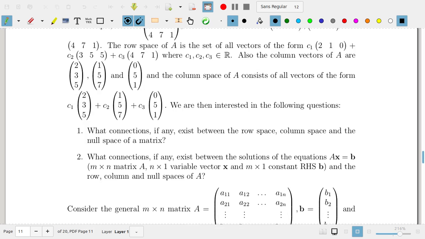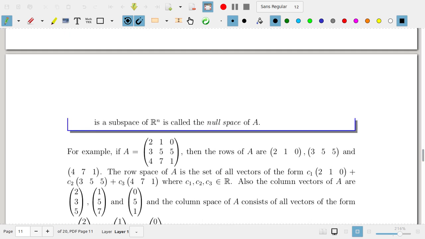For example, if A is the matrix with rows 2 1 0, 3 5 5, and 4 7 1, then the rows of A are 210, 355, and 471, and the row space is spanned by these three vectors: C1 times 210 plus C2 times 355 plus C3 times 471, where of course these are real scalars. And the column vectors of A are 235, 157, and 051.